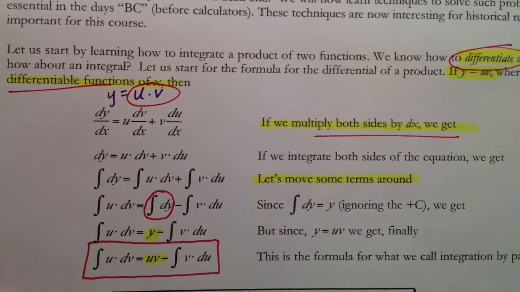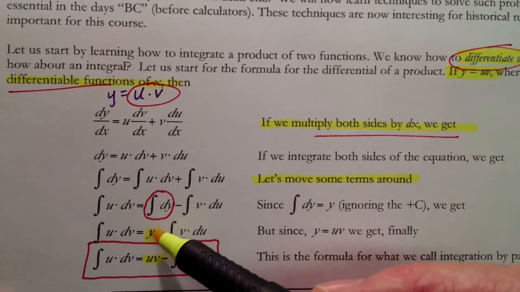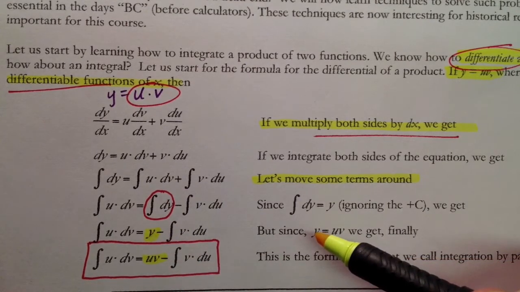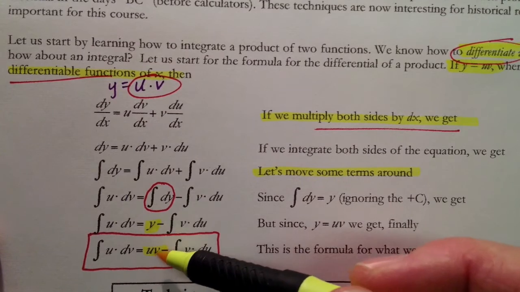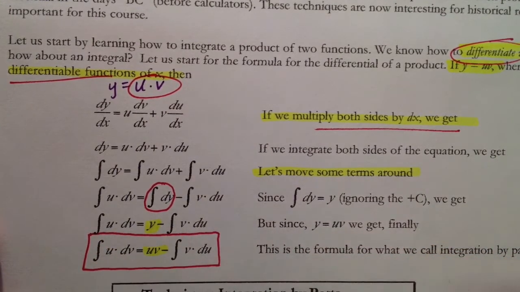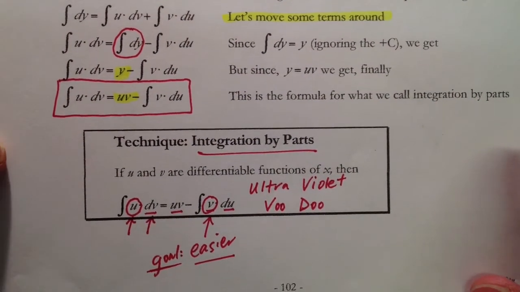Now, here's the thing. We already know the integral of dy, and that is just y. When we integrate dy, we get y. Did that in the last section. And then y was defined to be u times v. So that's where we get this formula. This is the formula for integration by parts. And get a nice little box down here.